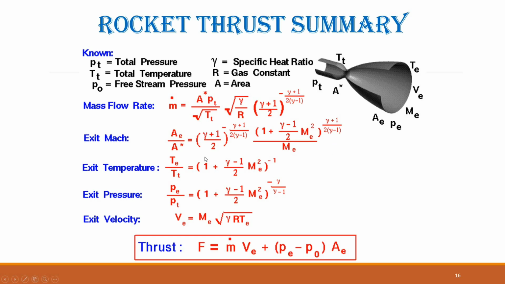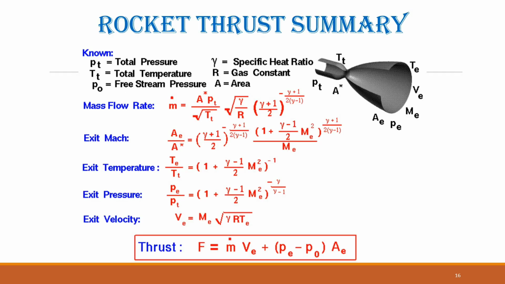In words, the exit area divided by the throat area is equal to 1 divided by the exit Mach number, multiplied by a term involving 2 divided by the quantity gamma plus 1, multiplied by the quantity 1 plus the quantity gamma minus 1 divided by 2 times the exit Mach number squared, and the entire expression is raised to a power that depends on gamma. This equation comes from compressible flow theory and tells us that for a given gas, a larger exit area produces a higher exit Mach number.